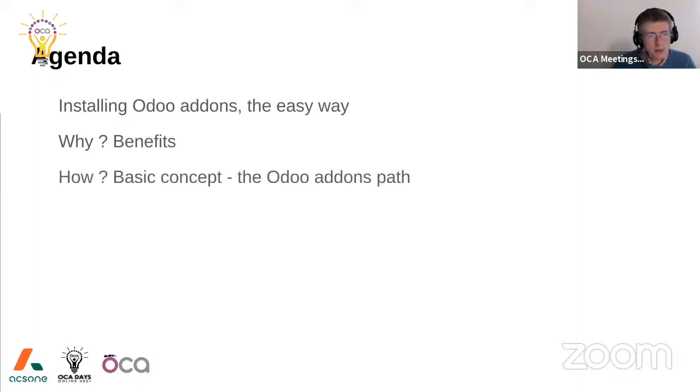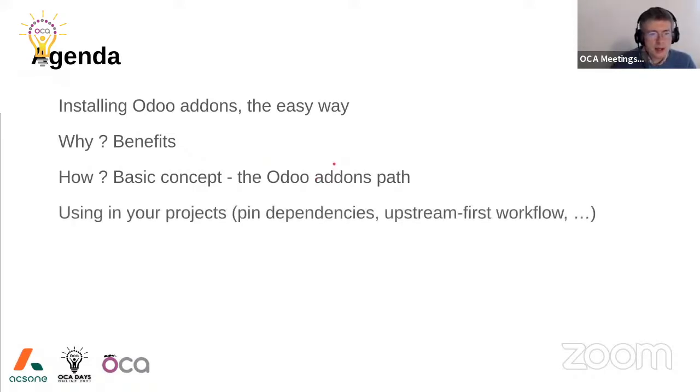I'll dive a little bit into how this works, what's the basic concept making this work, and discuss this famous Odoo addons path. And then I'll give you ideas of how you can use it in your Python projects to pin dependencies and use an upstream first workflow where you can contribute to the community and then use the contributions in your project. And then hopefully there will be time for a Q&A session.